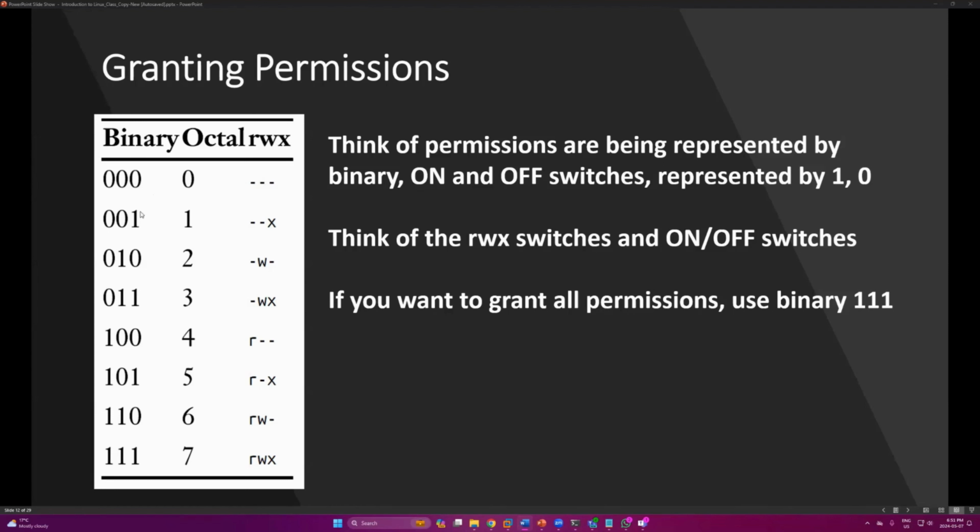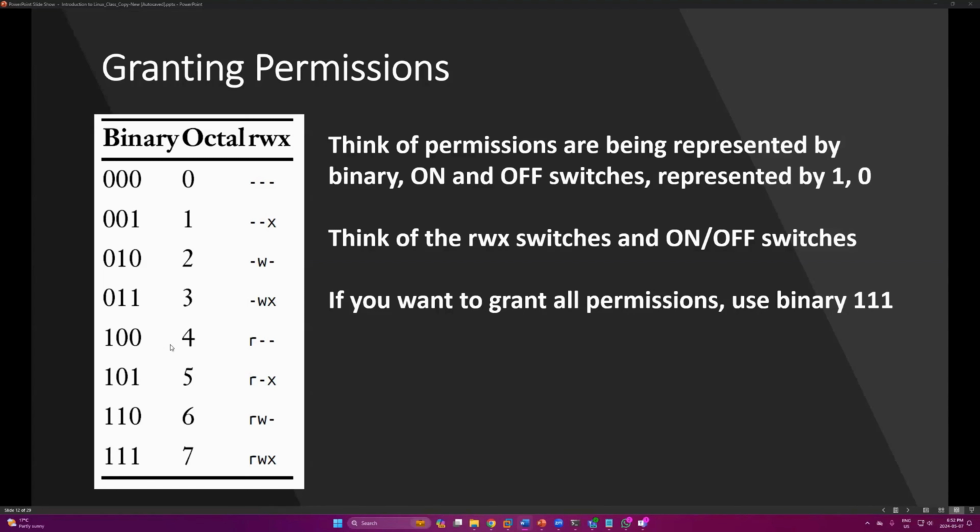And then in binary, when you go up by 1, you start from the right and go up by 1, right? So when you have X, you go up by 1. If you have write, you go up by another 1, which makes it 1, 0, and the binary number is 2. You go up by another 1, the number is 3, represented by 0, 1, 1, and the actual permission is write and execute.